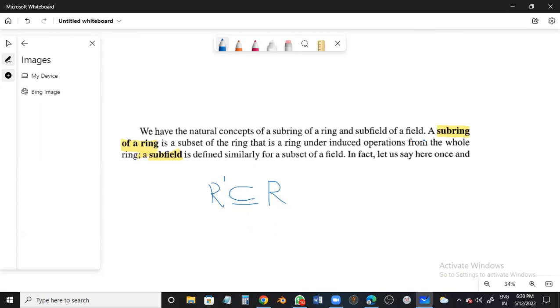A subring is itself a ring, but it is a subset of some bigger ring. The same thing happens for a subfield: it is a subset of a bigger field and satisfies all the axioms required for a field. Is this fine?